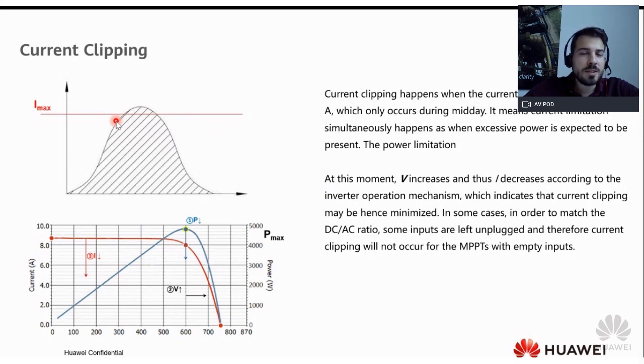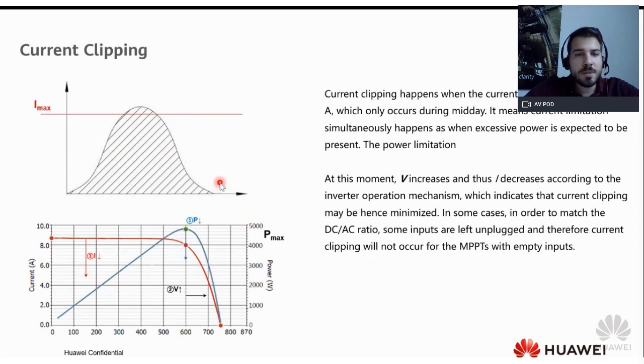Usually, because there is a DC-AC ratio larger than 1, not much, but larger than 1, also in Greece or Cyprus for example, you will have excessive power already coming from the PV panel. So the power limitation will be happening at the same time when current limitation would happen.